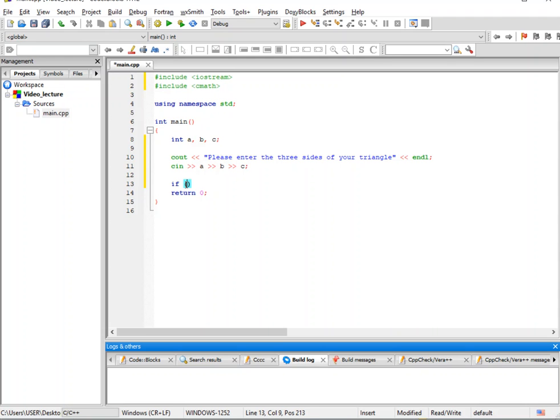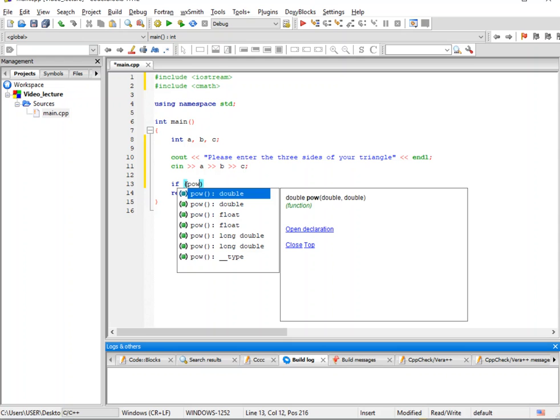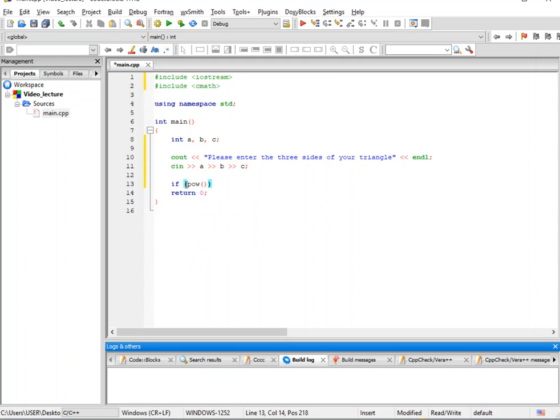So we include cmath, and then we come in here and do, as we know, this is the structure, pow. With the power function, the first parameter passed here will be raised to the second parameter. So here it means we have A raised to the power 2.